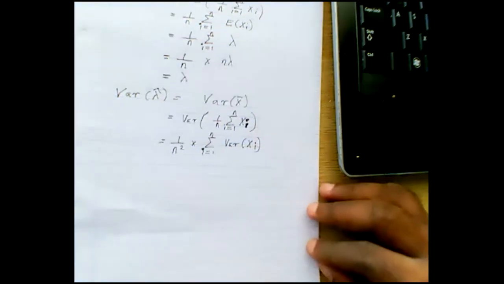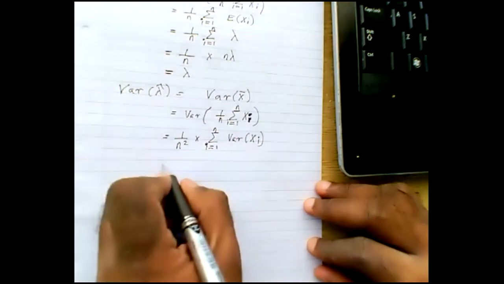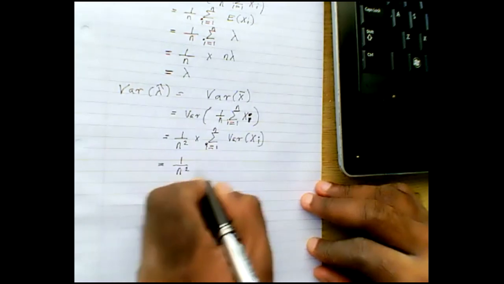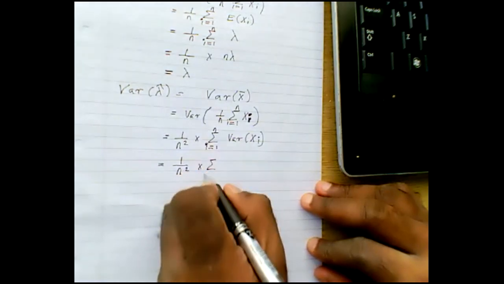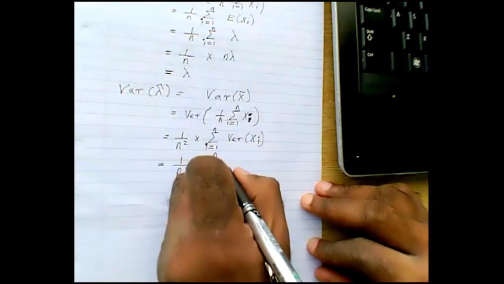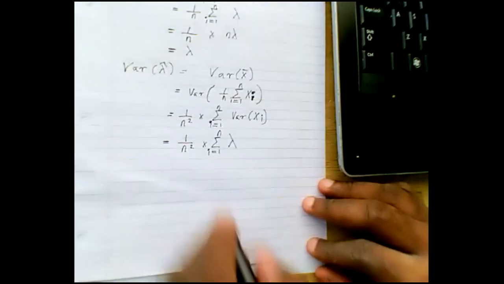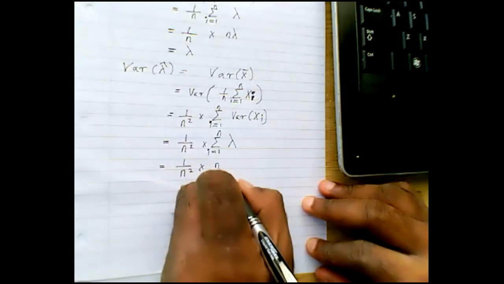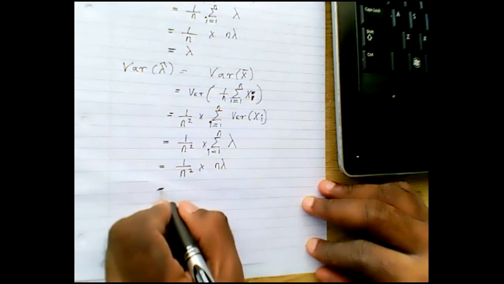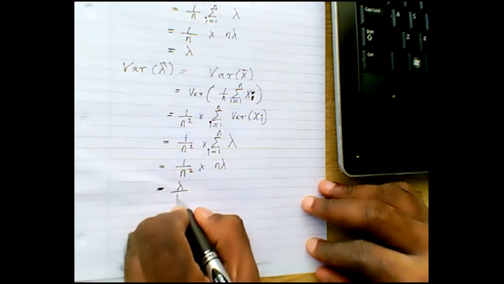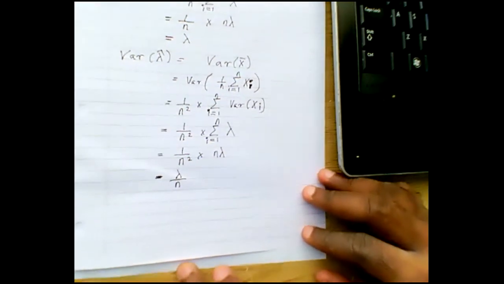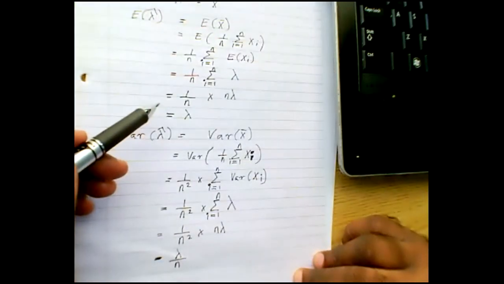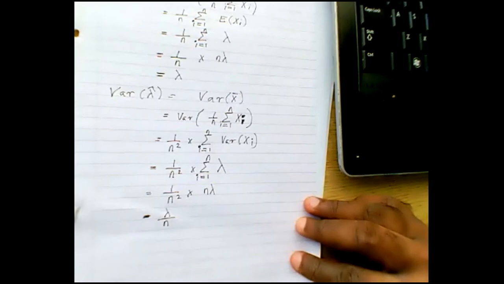Once again, you should know from probability 1 that the variance of a Poisson random variable is lambda. So this is 1 over n squared times n lambda, which is equal to lambda by n. So that completes the first part. The expected value is lambda, and the variance is lambda by n.